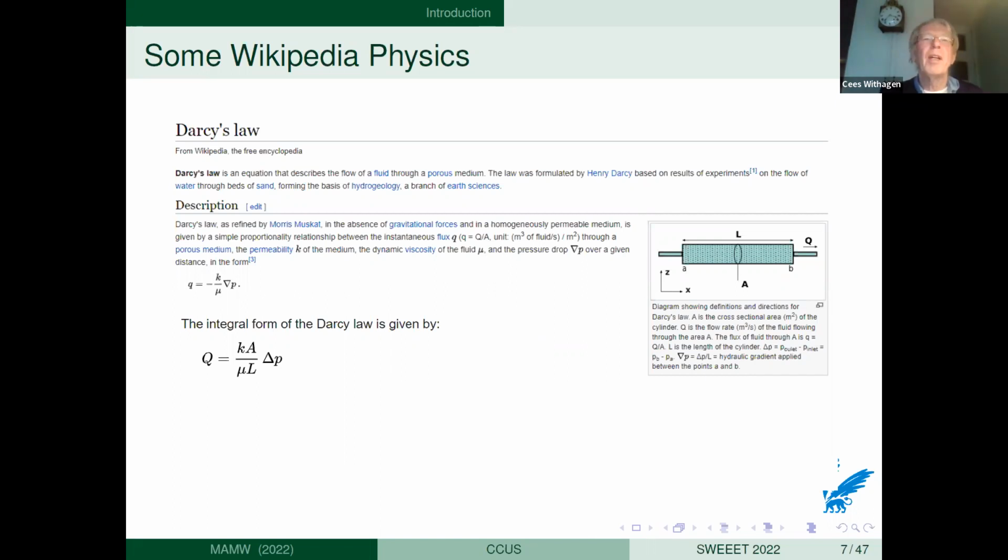It says something about the relationship between the pressure in a well and the ease at which you can extract fossil fuel from that well. So this French engineer has played an important role also when it comes to carbon capture and storage and utilization.